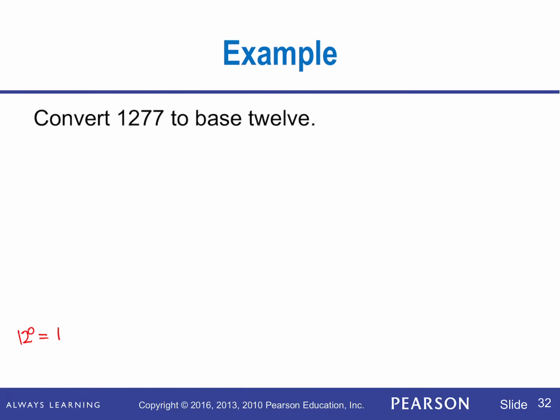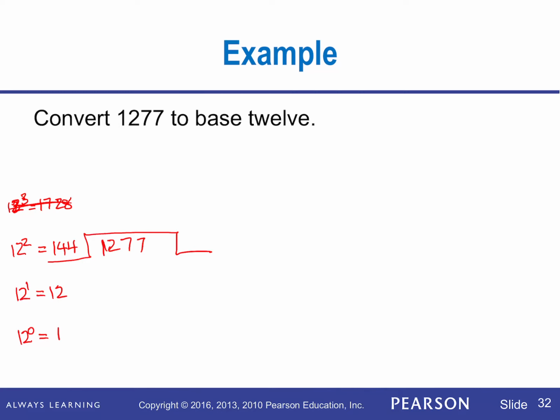So 12 to the 0 is 1, 12 to the first is 12, 12 squared is 144, and 12 cubed is 1728, which is too big, right? That's bigger than 1277. So we're going to start at 12 squared, and I want to know how many times does 144 go into 1,277.